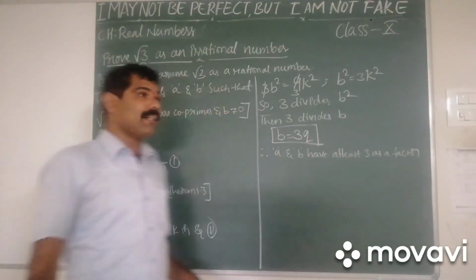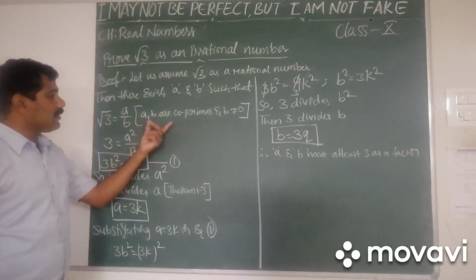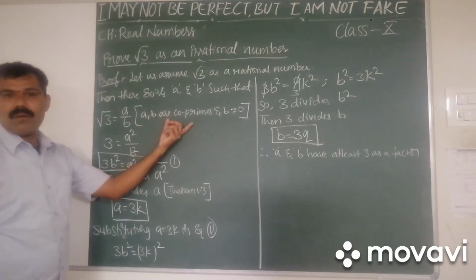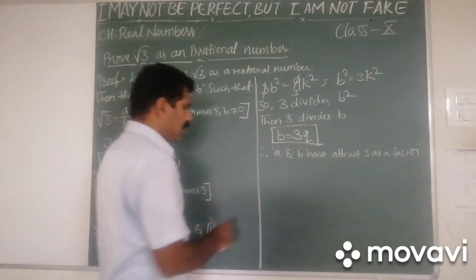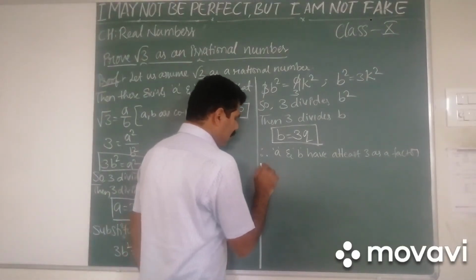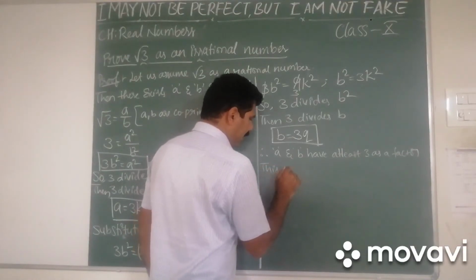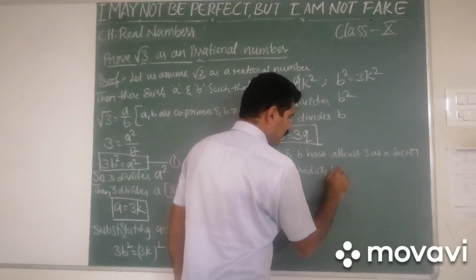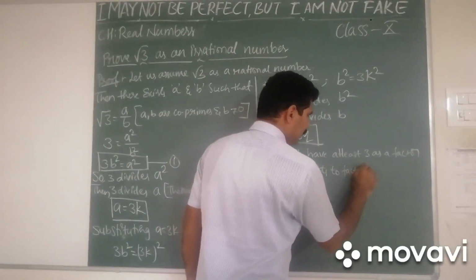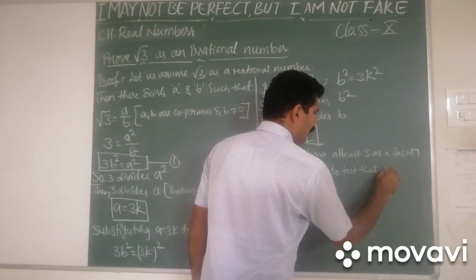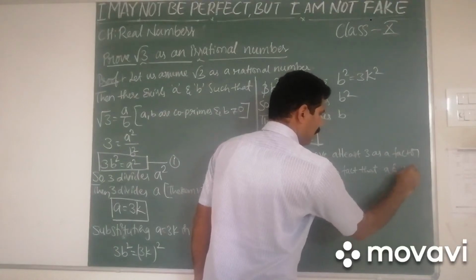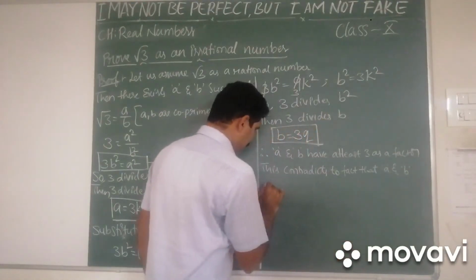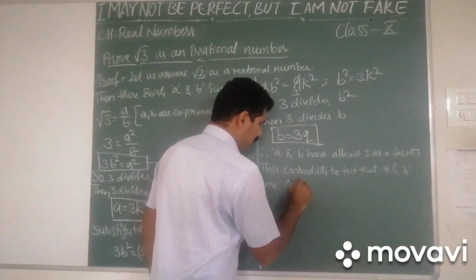This is contradictory to the statement that a and b are co-primes. So this contradicts the fact that a and b are co-primes.